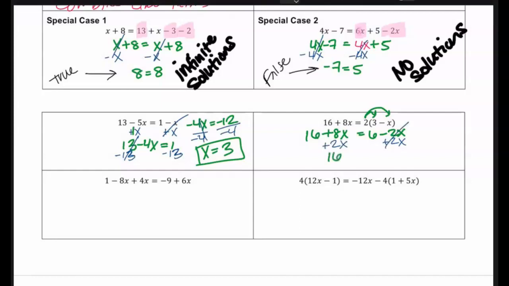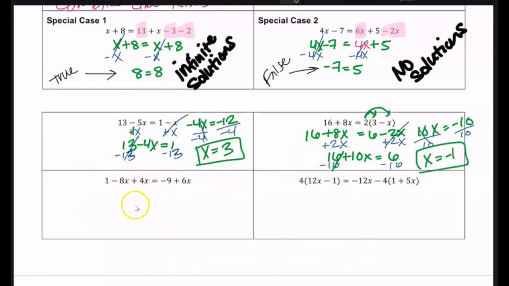And you end up with 16 plus 10x equals 6. And then, we claimed the left side for my x, so move this 16. By subtracting 16, that cancels out, 10x equals negative 10, because 6 minus 16 is negative 10. Divide by the coefficient of x. X equals negative 1.